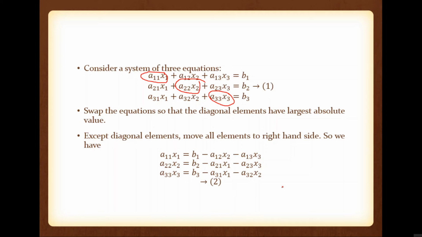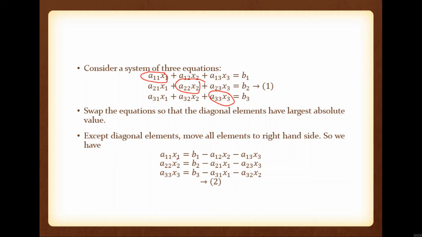So what is the next step? Divide each equation by the coefficient of its left hand side term. Divide the first sub-equation of equation number 2 by a11.